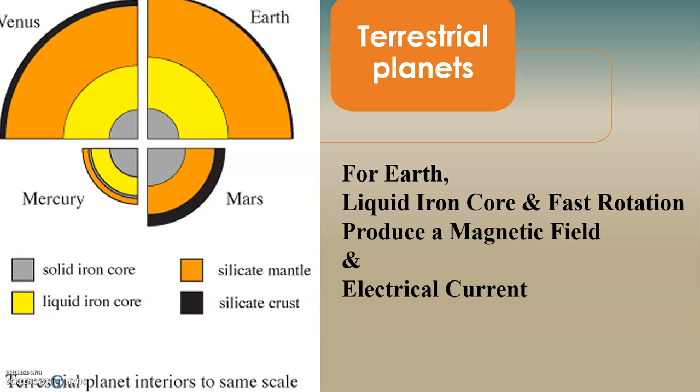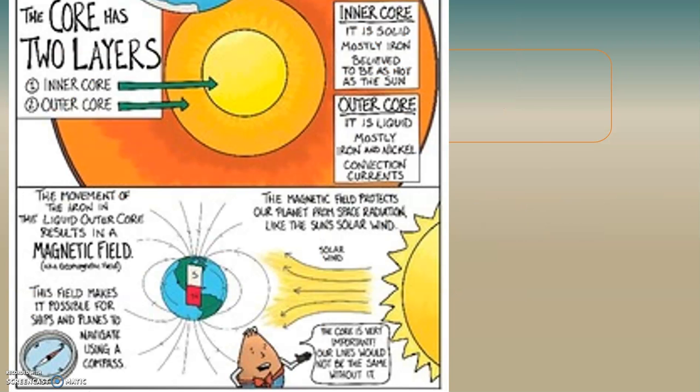So we've got a magnetic field around us, and it has a very specific purpose of protecting us from the sun and the solar wind, which could be very destructive to life on our planet.